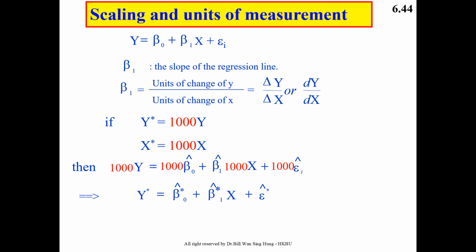So in that case we use y star, beta naught hat star, beta 1 hat star, and epsilon hat star instead of these.